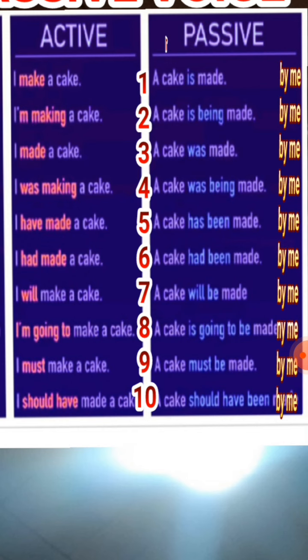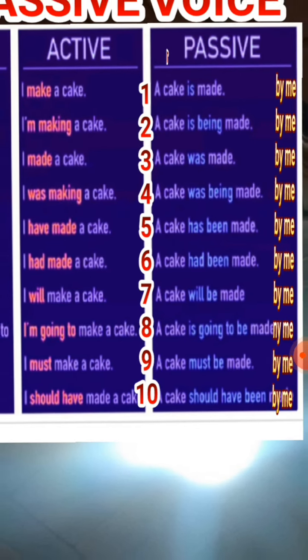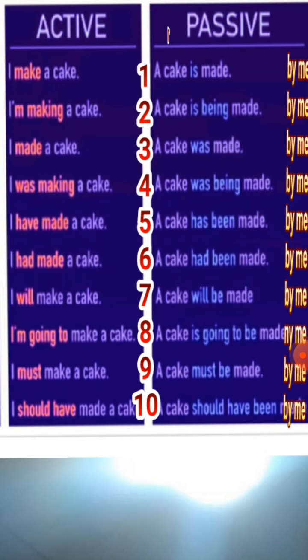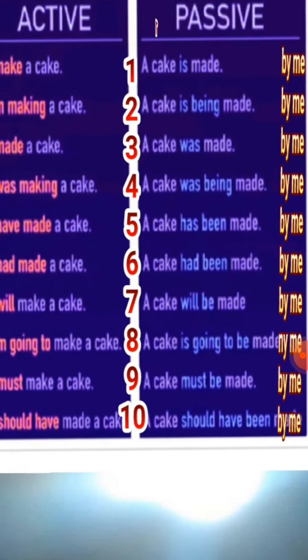And then example number 4. The sentence is in the form of past continuous. I was making a cake. A cake, the object in the active voice, we put as subject in passive.